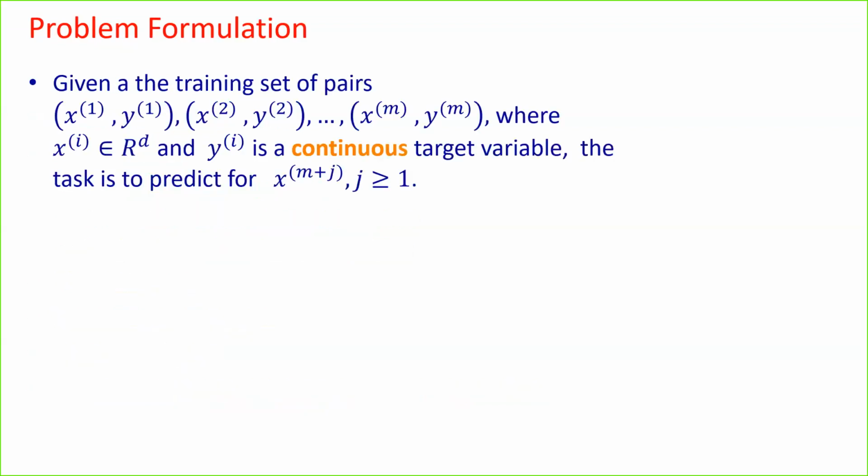So this is the problem. We are given a training set of pairs (x1, y1), (x2, y2), and so on up to (xm, ym). Here xi is a d-dimensional feature vector and yi is a continuous target variable.